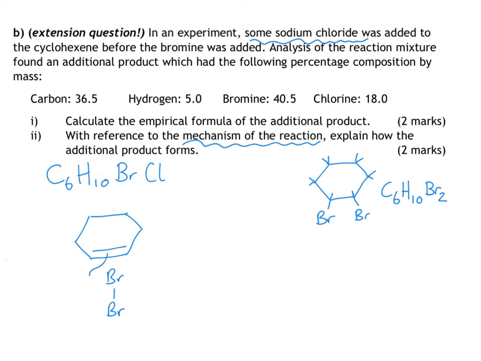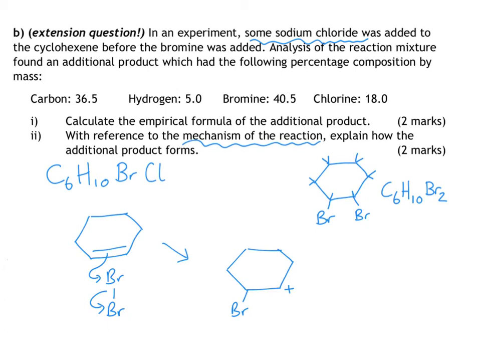So once the first part of the reaction is done, however, we've now made a carbocation intermediate. So the carbon on the right here has a positive charge because the pair of electrons from the double bond is now between the other carbon and the bromine, making the new bond.